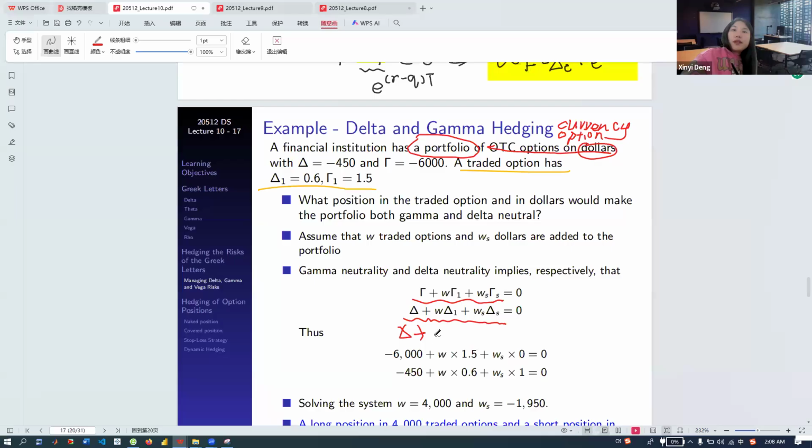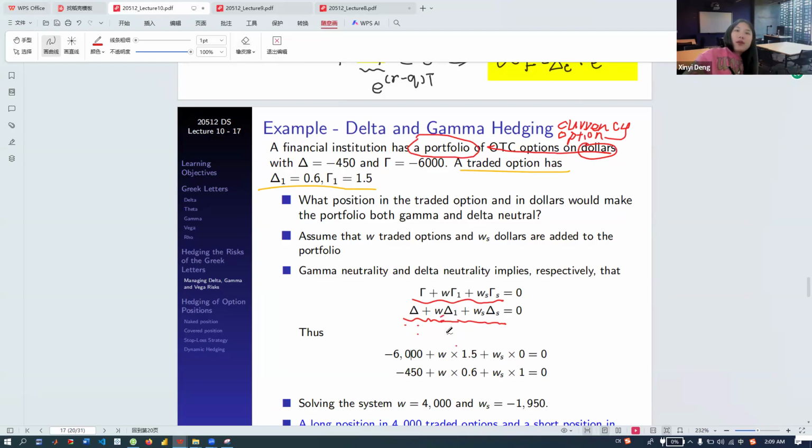If we denote the position in the traded option as W, then that's just W times delta 1. Let me just expand those W and WS in words.